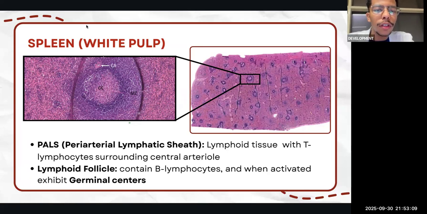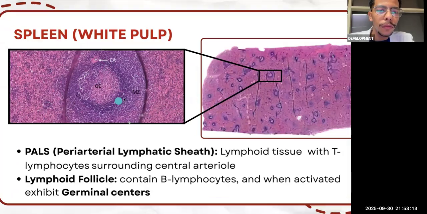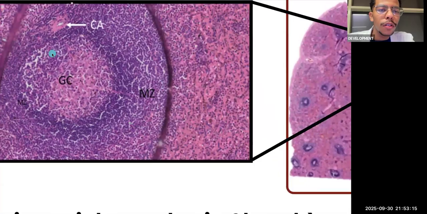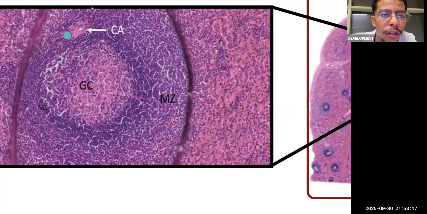Okay, you can't see the central arteriole. Let me zoom in. So can you see here? This is your central arteriole, and surrounding it we have the PALS. Periarterial, around the artery. Next to it we have the germinal center. The germinal center is where we find B lymphocytes.